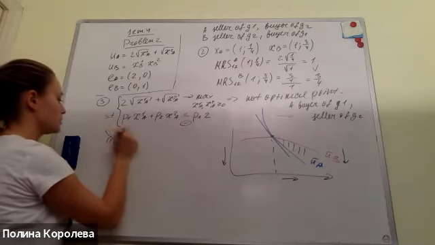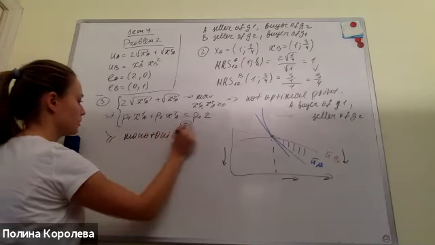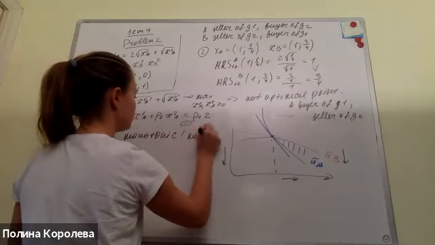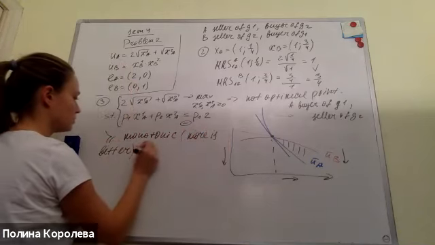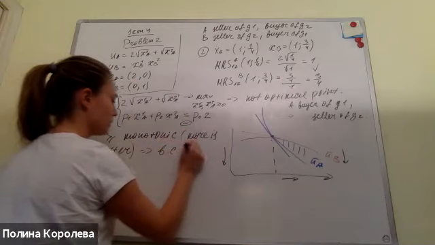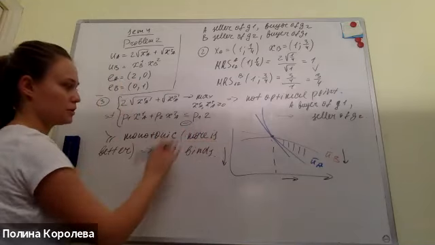Let's write that preferences are monotonic. That means more is better. That's why budget constraint binds. Binds means holds with equality.